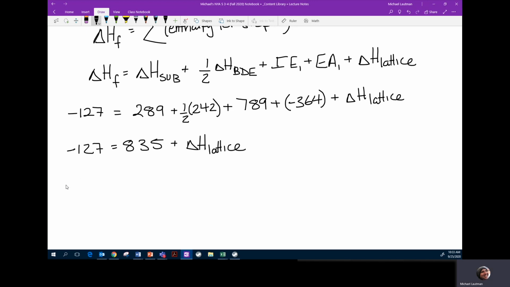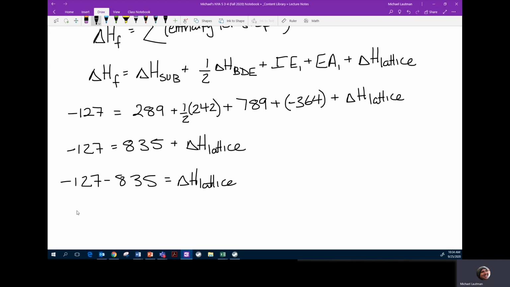Subtract from both sides, so minus 127 minus 835 equals the lattice energy.